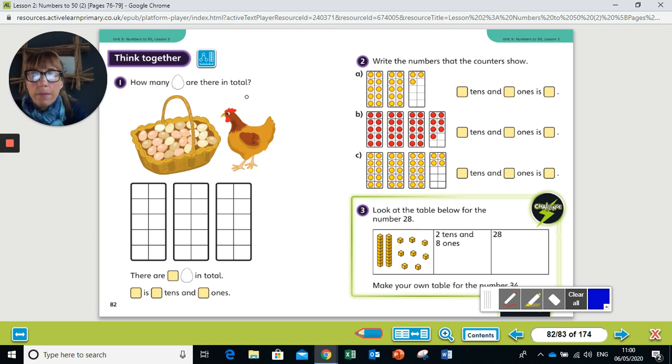I need to count them. I need to count them in ones. So I need some help again from you. I'll point to the eggs and you count with me. 1, 2, 3, 4.